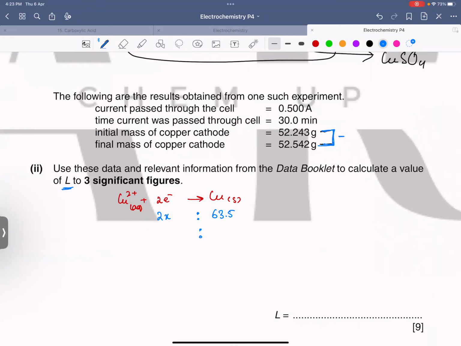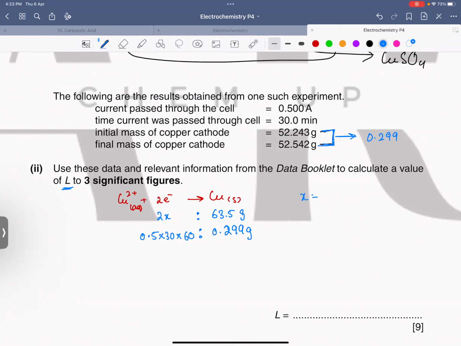Can anybody tell me the difference over here? 0.299 grams. So, during the experiment, I am getting 0.299 grams, by using the charge of 0.5 times 30 times 60.